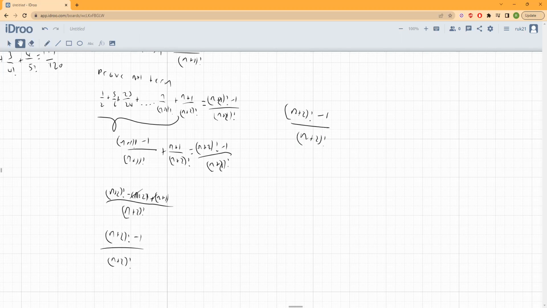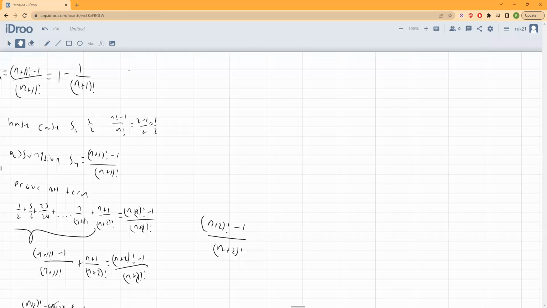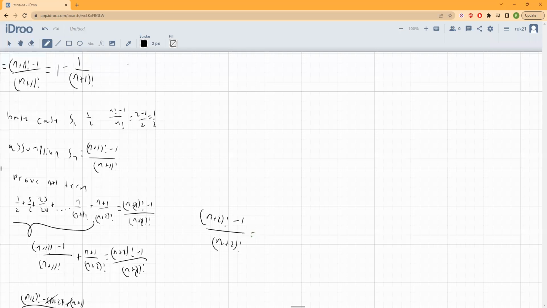An easier way to view this is to transform it to the other form we had, which is the same thing as 1 minus 1 over n plus 1 factorial. Then take the limit as n approaches infinity. This is just easier because you can't really plug in infinity here, since you'd get infinity over infinity. But if you do it this way, it's a lot easier to see.